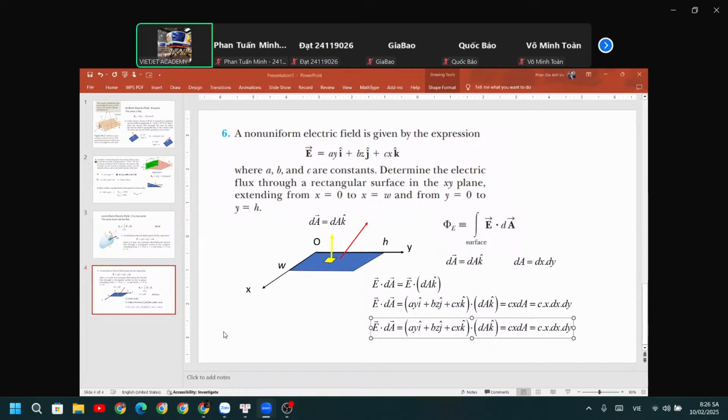And the range of the x integral is from 0 to w. For the y is from 0 to h. So you can get the integral like this one.